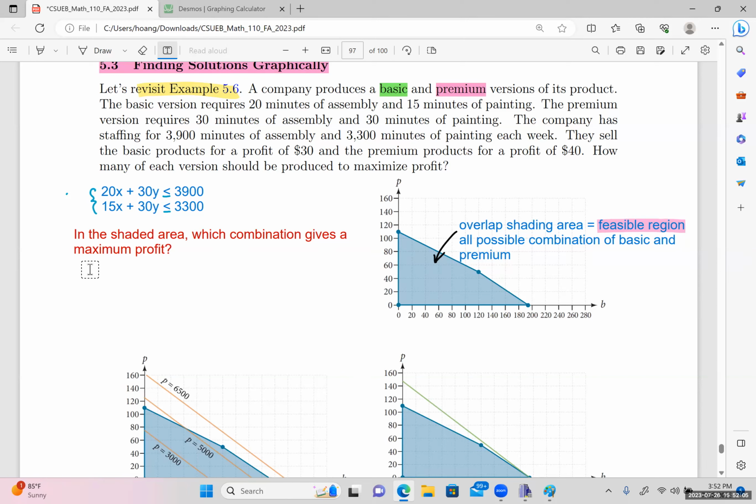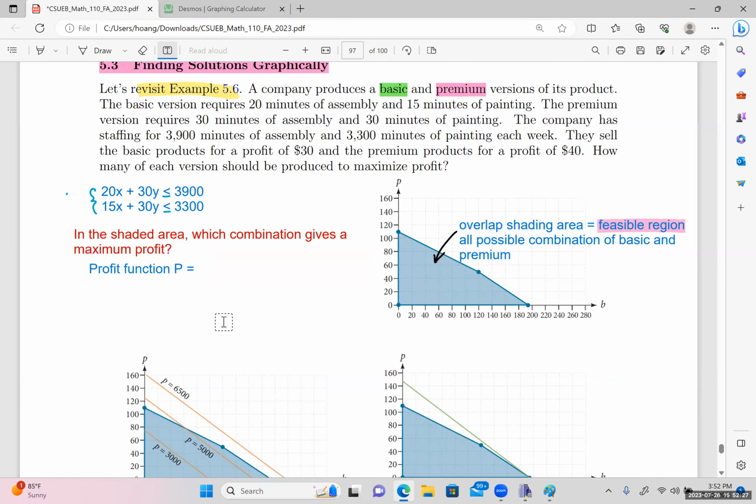So what is the profit function? We need to know that. Let's state the profit function. It is P, and how do we get the profit?